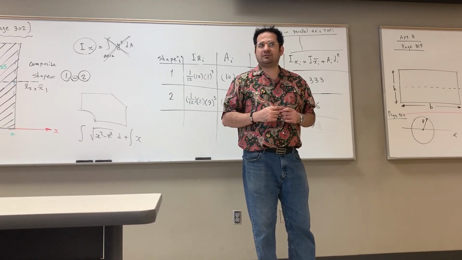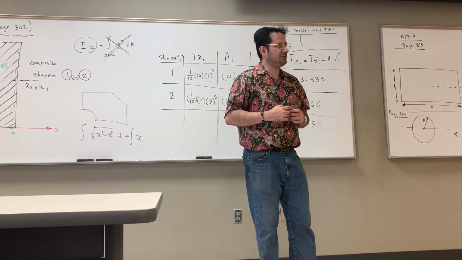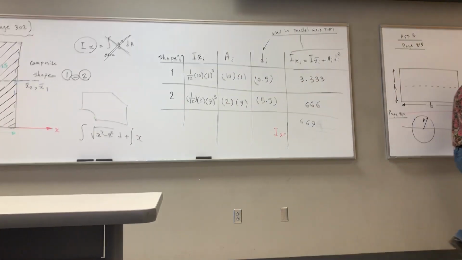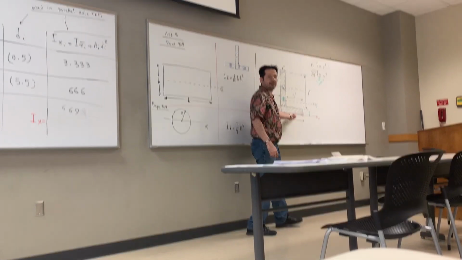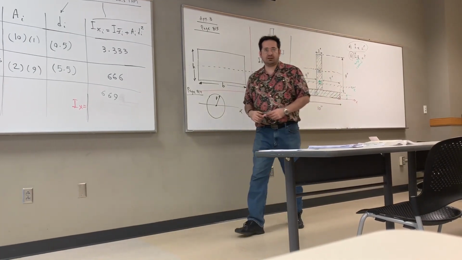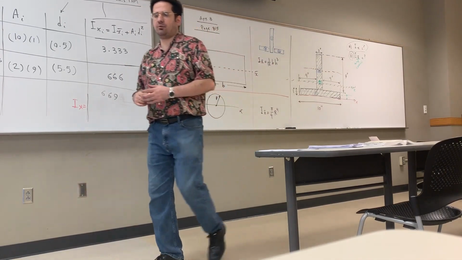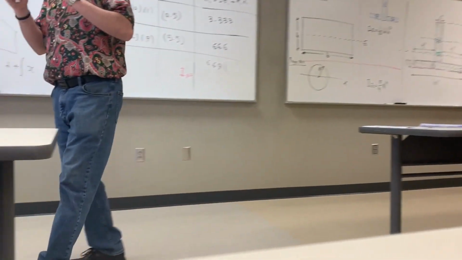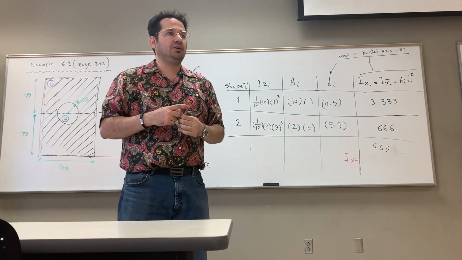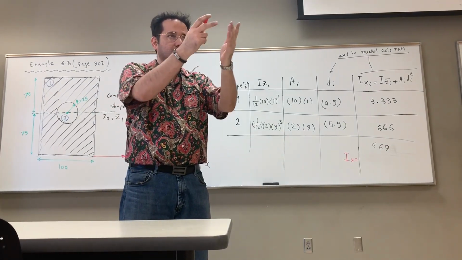Well, when I did x, the first one, I knew where that axis was, right? I knew its location. Now if I want to find the moment of inertia with respect to a new axis, like the one that goes through the centroid, I need to know where the location is.